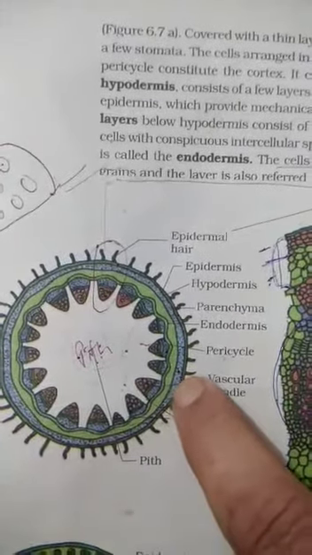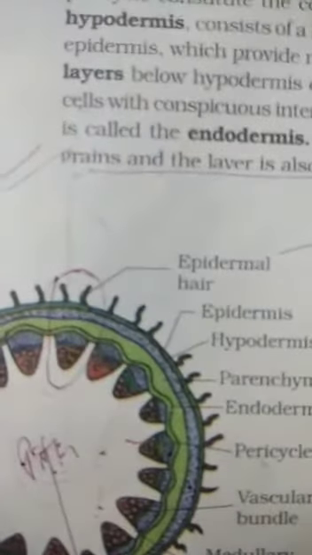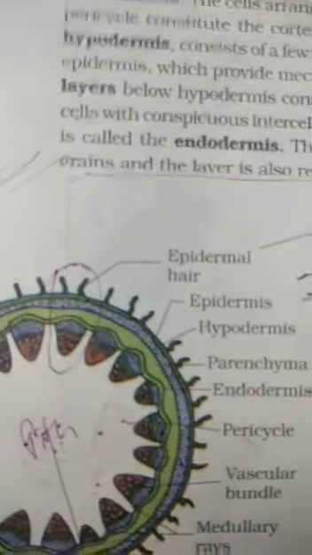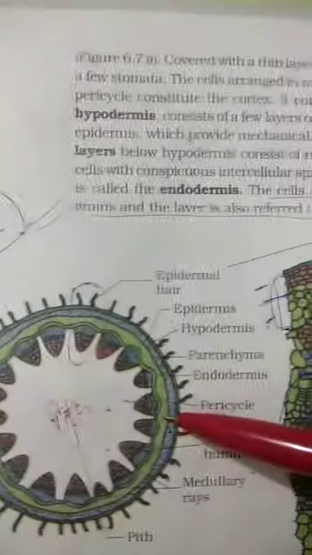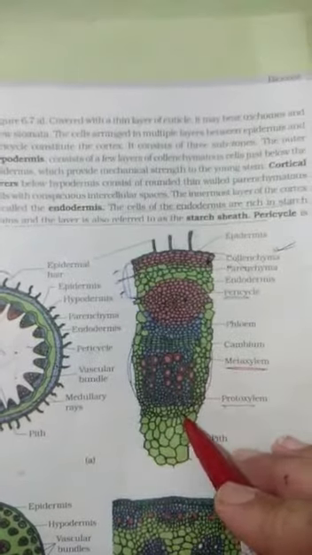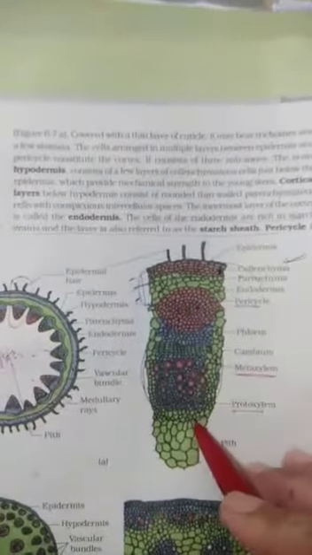Then epidermis, dots representing the hypodermis, green color representing the cortex, then the wavy endodermis, and then the patches of pericycle, then cambium, then here the xylem, and above the cambium there is phloem. Only a small portion of it has been drawn in the cellular or elaborated form. So this is all about the dicot stem.